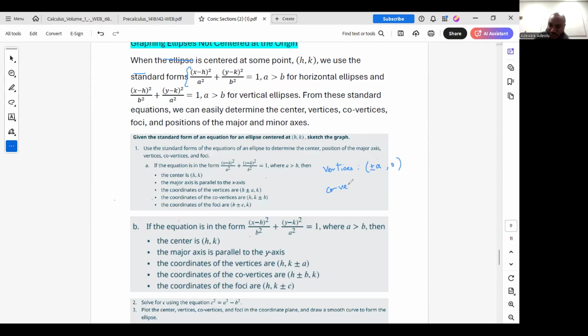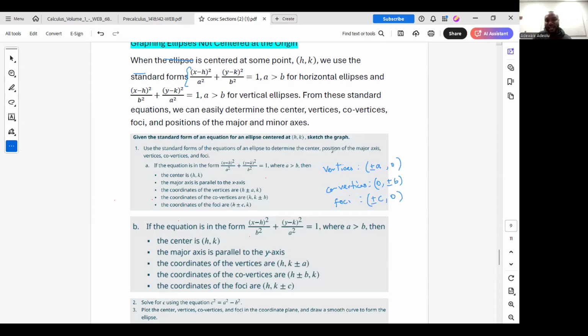The co-vertices are along y in that situation, and our foci will be along x as well.